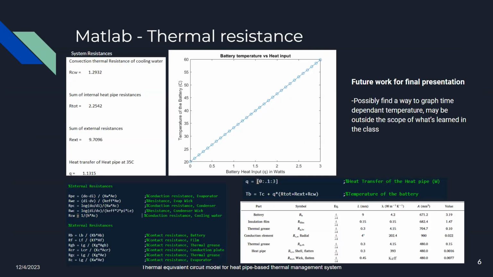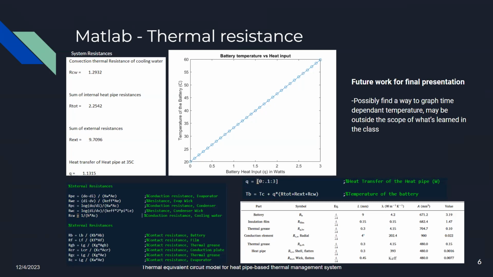And I focused on the thermal resistance system model, including the main 3 resistances that are summed together, one of them being the convection at the cooling water chamber, the internal heat pipe resistances as the centered copper wick and the heat pipe walls itself, and then the largest of the resistance, which is the sum of all exterior components, including the battery, the thermal grease, and the aluminum conduction plate that they used.